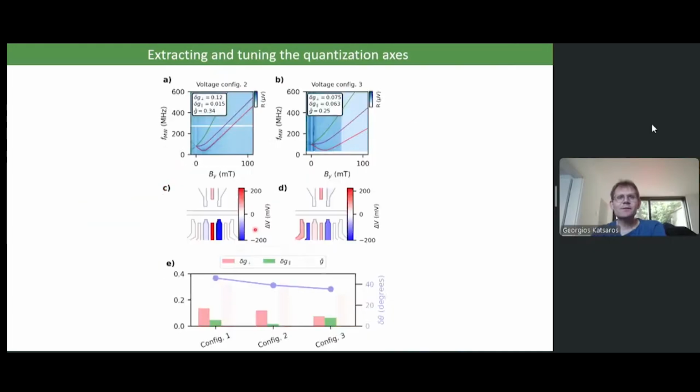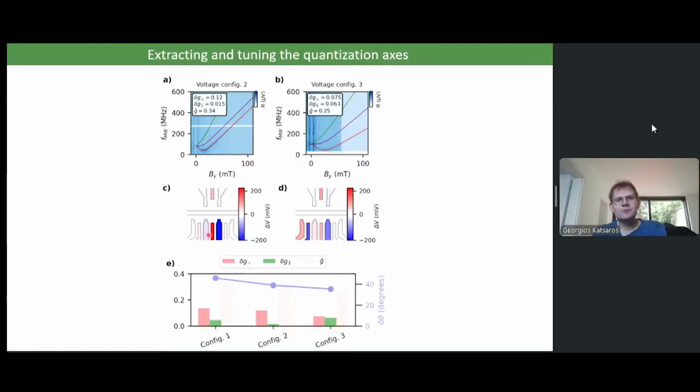By fitting our model to the transitions I just described, and without going too much into detail, you can see that we can extract the difference in quantization axis between the two dots. We can see that by reshuffling the gate voltages of our device.